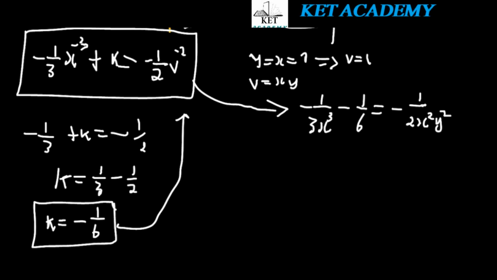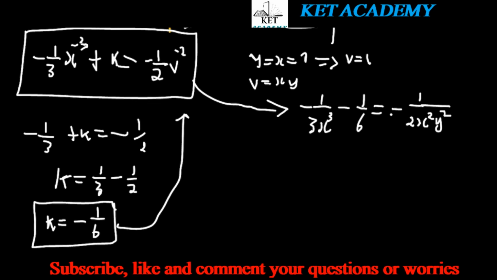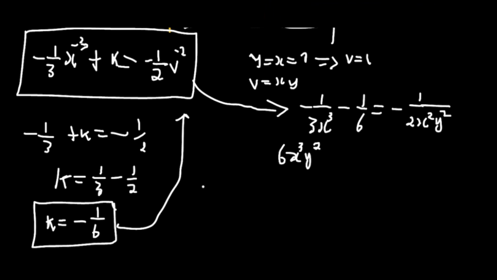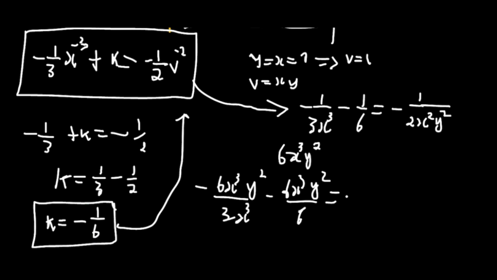Now x squared y squared, because our v is xy. Therefore, if I decide to multiply all through by 6x cubed y squared so that I can linearize it, I'm going to have minus 6x cubed y squared divided by 3x cubed, minus 6x cubed y squared divided by 6, to give us minus 6x cubed y squared divided by 2x squared y squared.